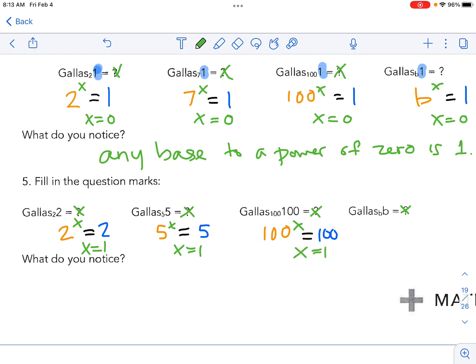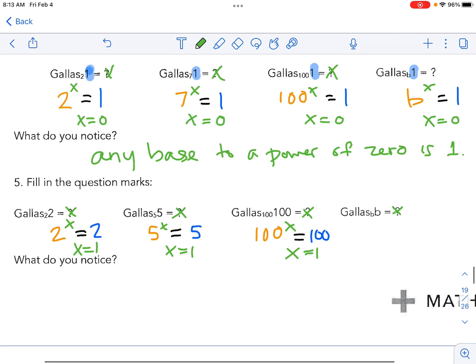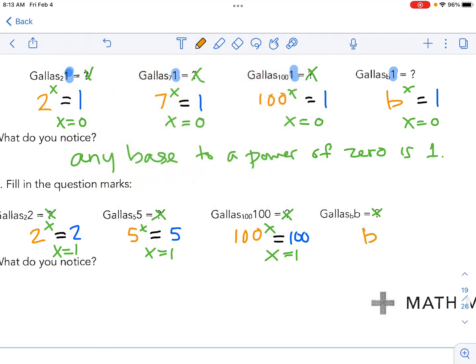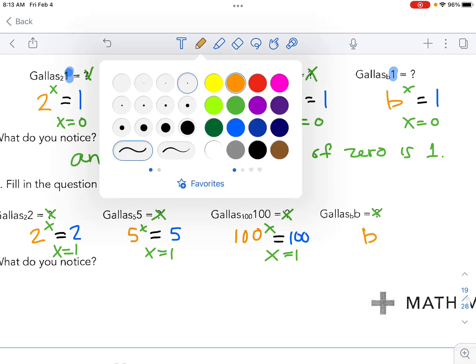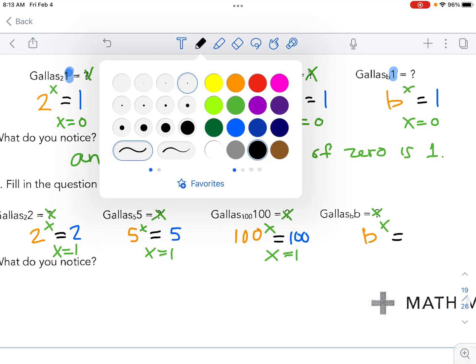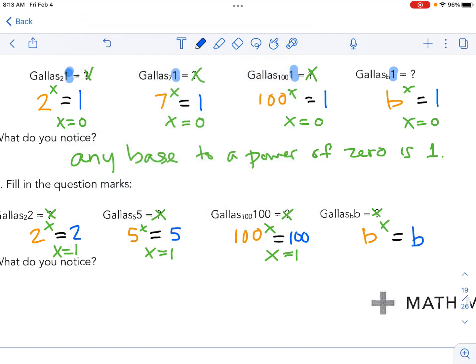And that power is still 1. So we knew this with powers anyway. So in general, we're just bringing back the connections here, that when we take any base, it doesn't matter what number it is, and we raise it to a power and we get the base back, that exponent means we have a single power of that base.